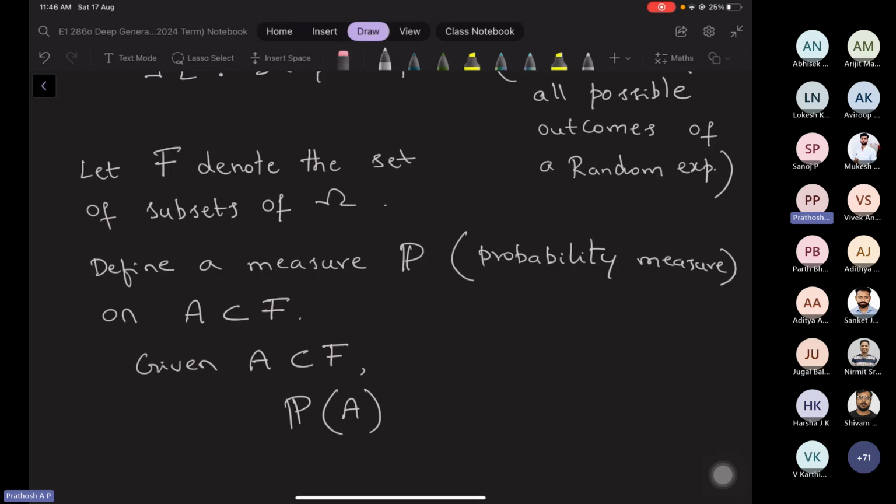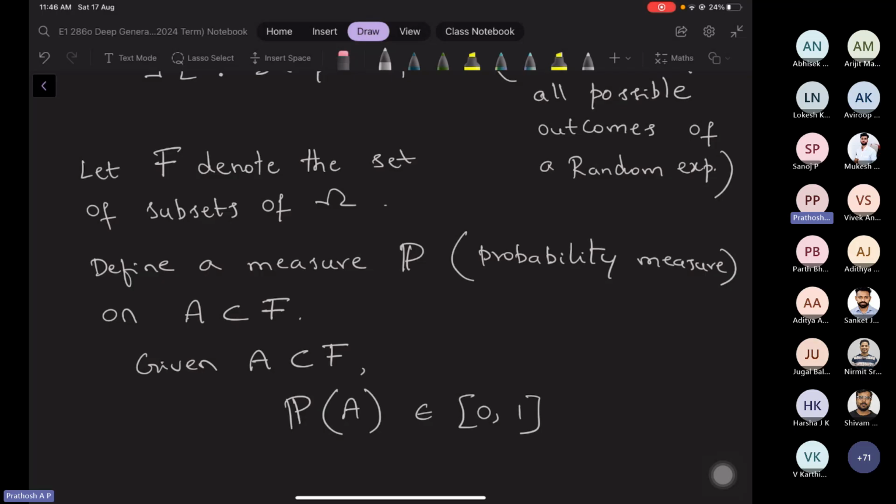And this is defined as a measure that is between 0 and 1. Unlike the Lebesgue measure that can take any non-negative value, the probability measure can only take values between 0 and 1.